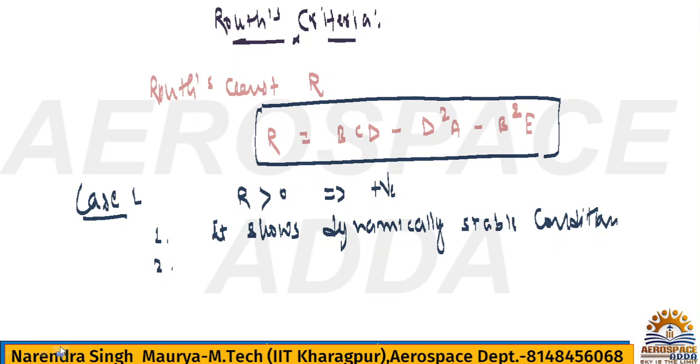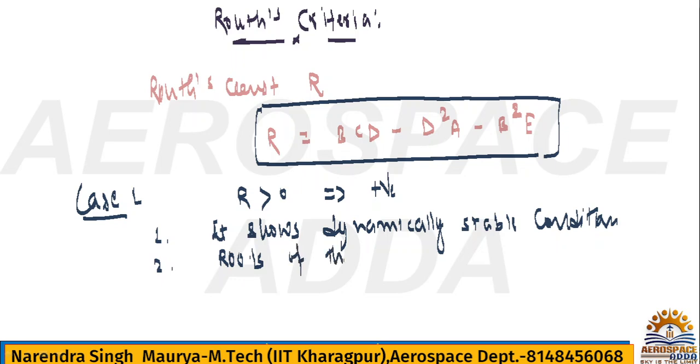Number 2, what is point number 2? Roots of the characteristic equation will be complex pairs with negative real parts. Like how that equation looks, you also need to write that. This is the second point. We'll solve one question, don't worry, so it will be more clear.